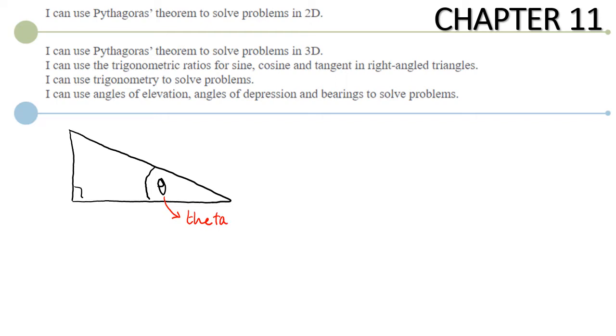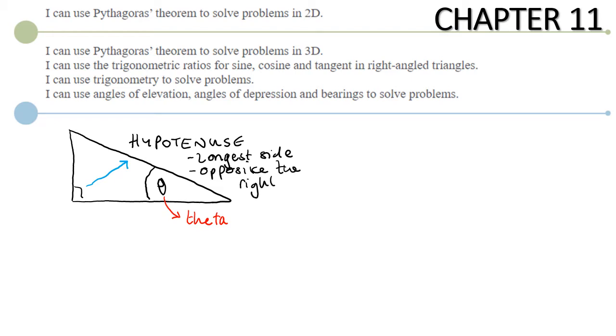And the side which is opposite the right angle, this one here, we always call the hypotenuse. Now, what's special about the hypotenuse is it's the longest side, and it's always opposite the right angle.